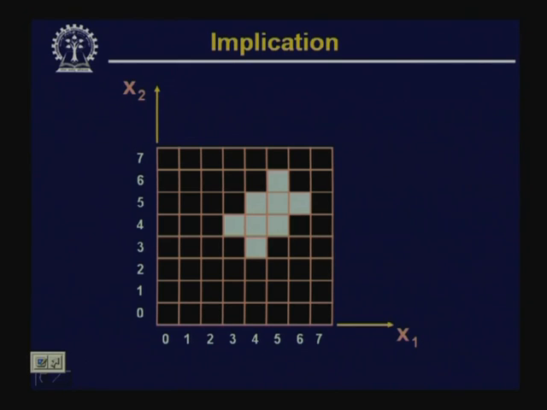In this particular case, the object region consists of the pixels, say, (3,4), (4,3), (4,4), then (4,5), then (5,4), then (5,5), then (5,6) and (6,5). These are the pixel locations which contain the object, and the other pixel locations do not contain the object.